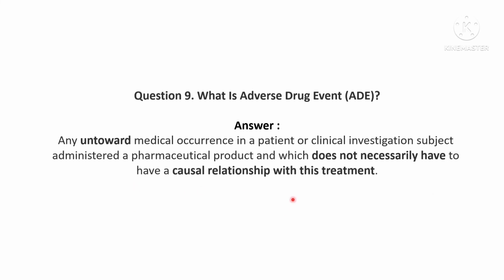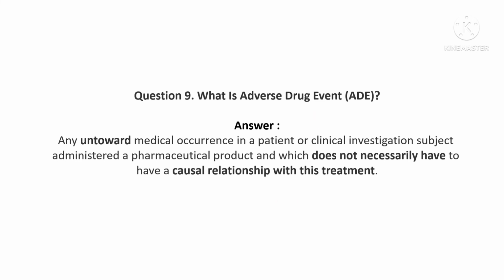Patient means any patient, but clinical investigation subject means part of any study. Any of those taking any medicament, any drug, and any adverse event is occurring, but that adverse event has no causal relationship with this treatment, that is adverse drug event.